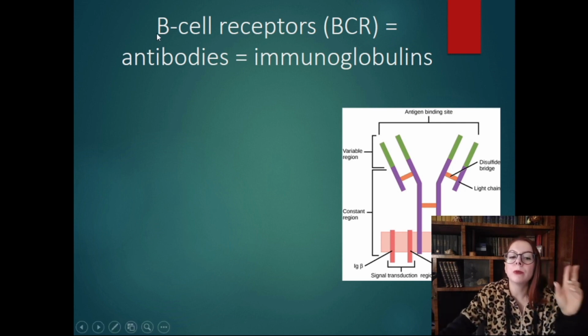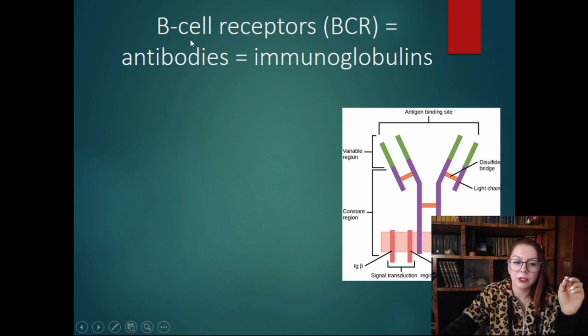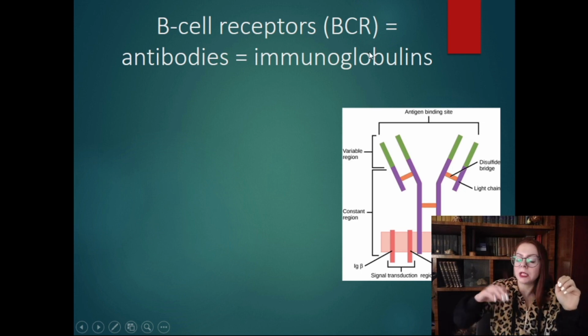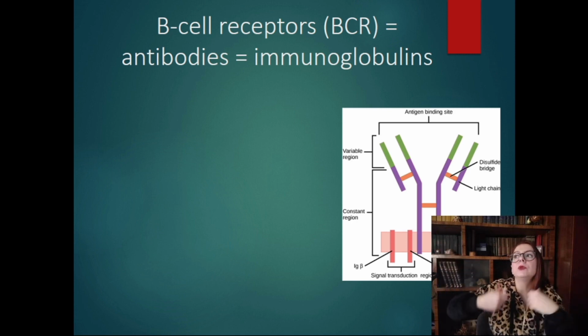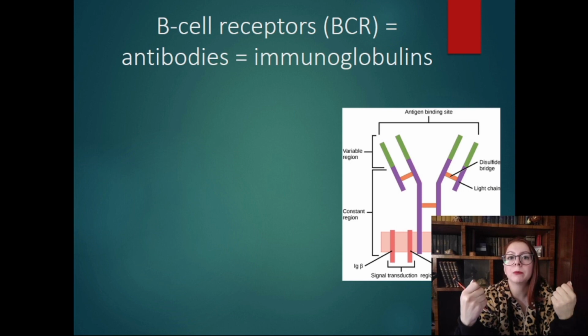I want you to remember that B cell receptors are the same as antibodies, the same as immunoglobulins. So B cells produce antibodies in the outer environment to neutralize the antigen, and at the same time they use those antibodies as receptors.